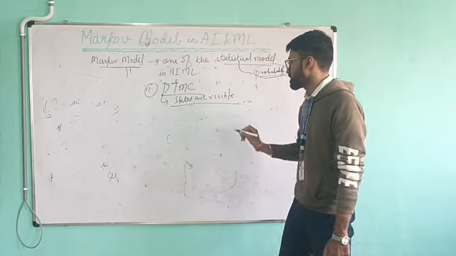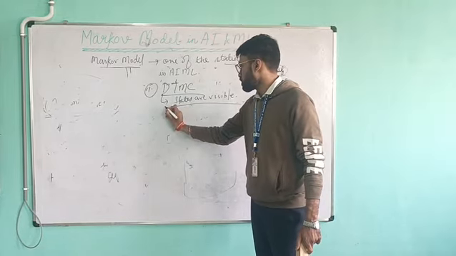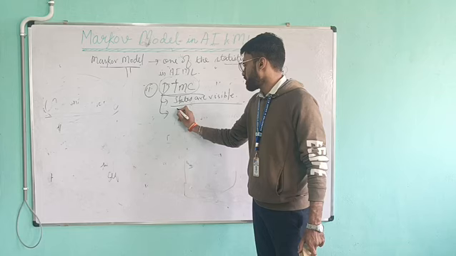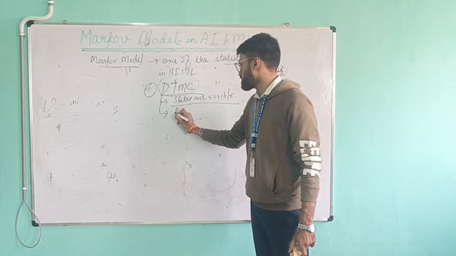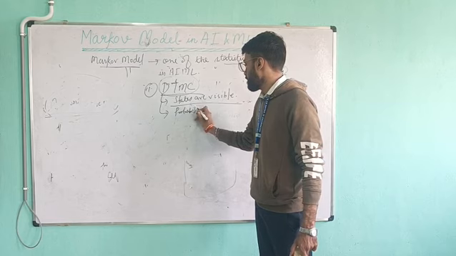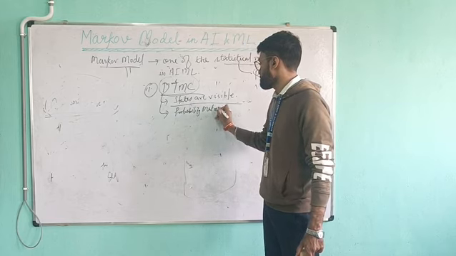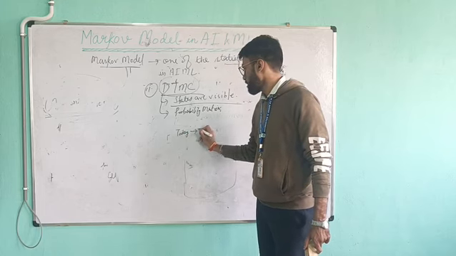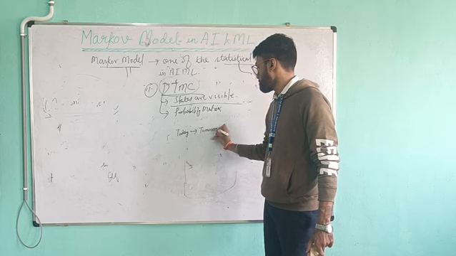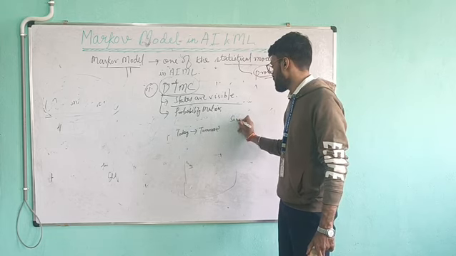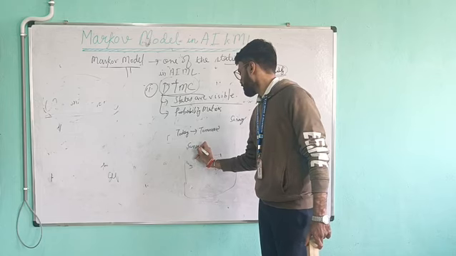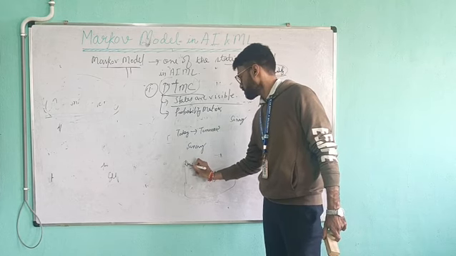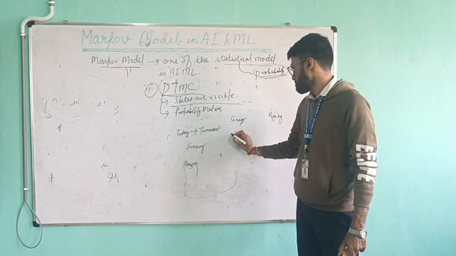For example, I will show one thing: in DTMC it follows this probability matrix. For example, today, tomorrow, sunny, rainy. Okay.